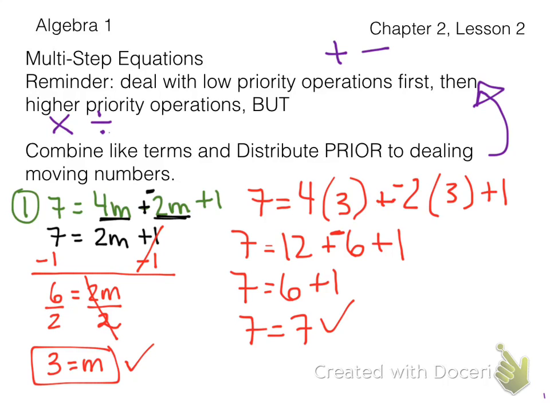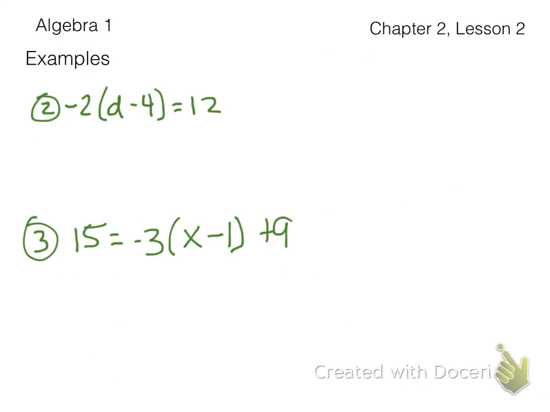All right, another example problem for you. Again, remember, you have to deal with distribution and combining like terms before you can do any of the higher and lower priority stuff. But even before that, you've got to remember to add the opposite. So I'm going to add the opposite, and then distribute.